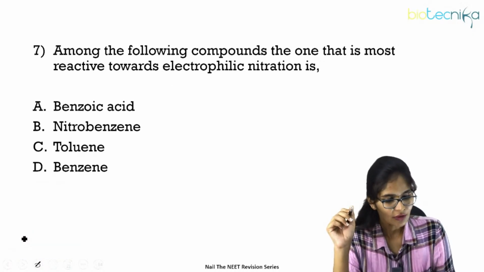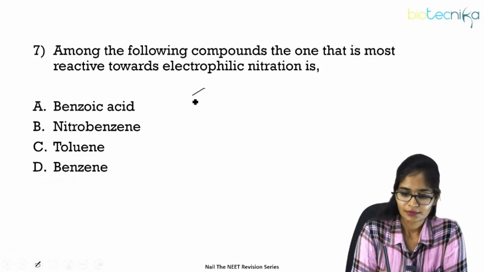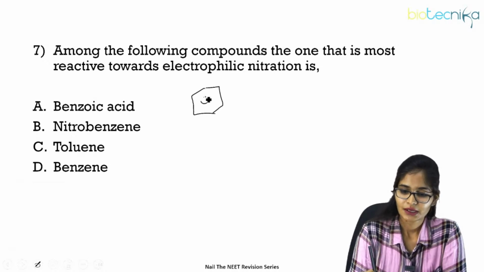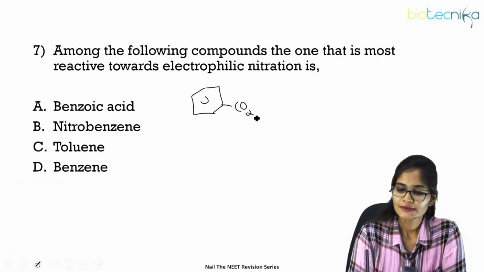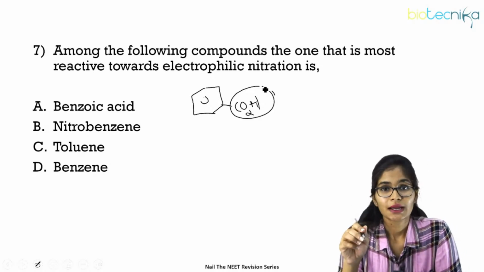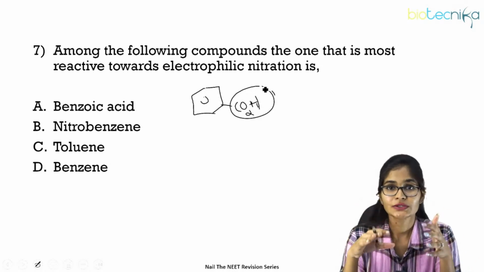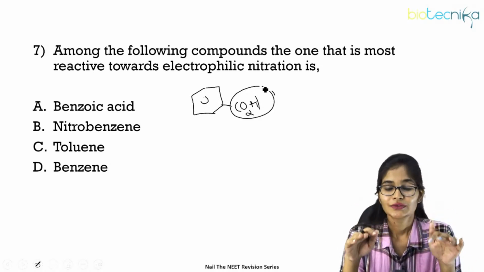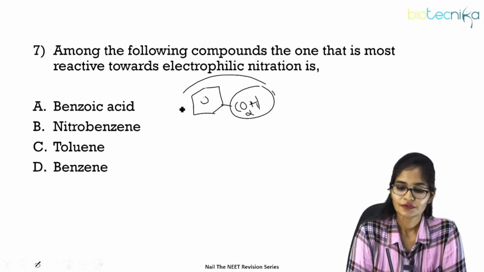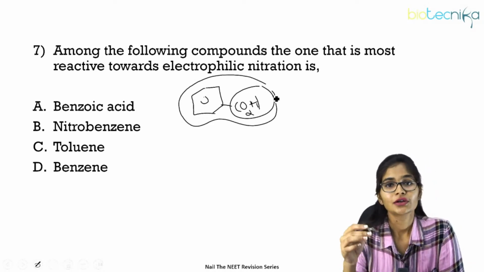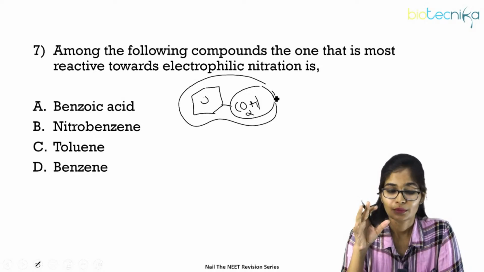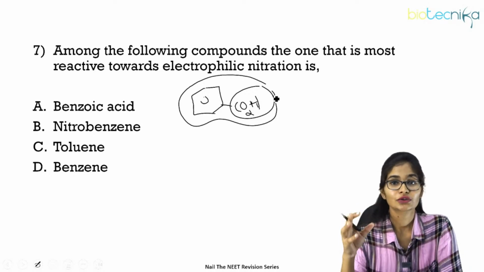So you can see firstly you have benzene with carboxylic acid. What is carboxylic acid? This is an EWG, right? EWG will reduce the electron density on the ring, and we can say it is electron deficient, so it will not undergo electrophilic substitution as favorably as rings with electron donating groups.